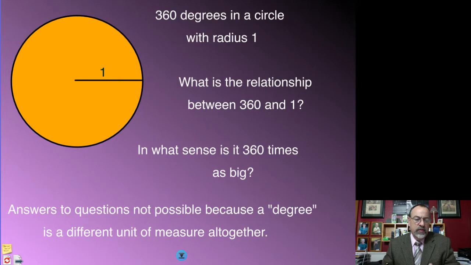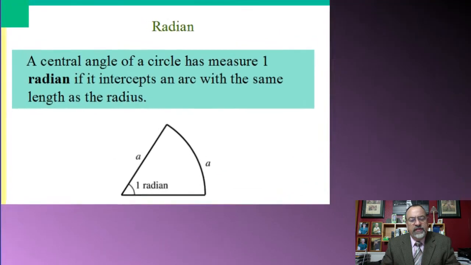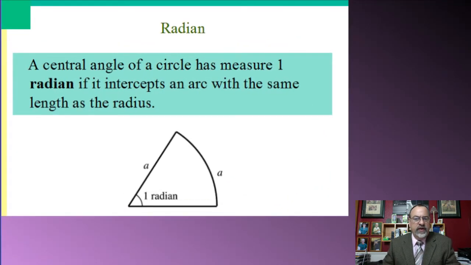So let's take a look at what radians are, and then we'll show you where they come from. The definition of a radian is this: a central angle will have a measurement of 1 radian. So radian is now a unit of measure, like a degree. A measurement of 1 radian is when the 2 radii that you draw intersect this arc, and the length of this arc is the exact same length as this radius.